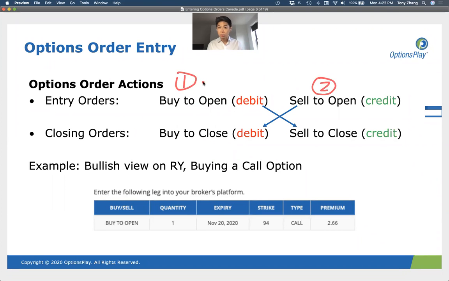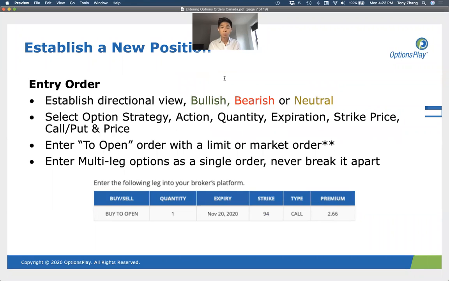So instead of closing your position, you'll end up with two positions, and that's obviously not what you want. So not difficult to remember, not difficult to do, but it's important to remember this, especially for those of you that are relatively new to options trading.